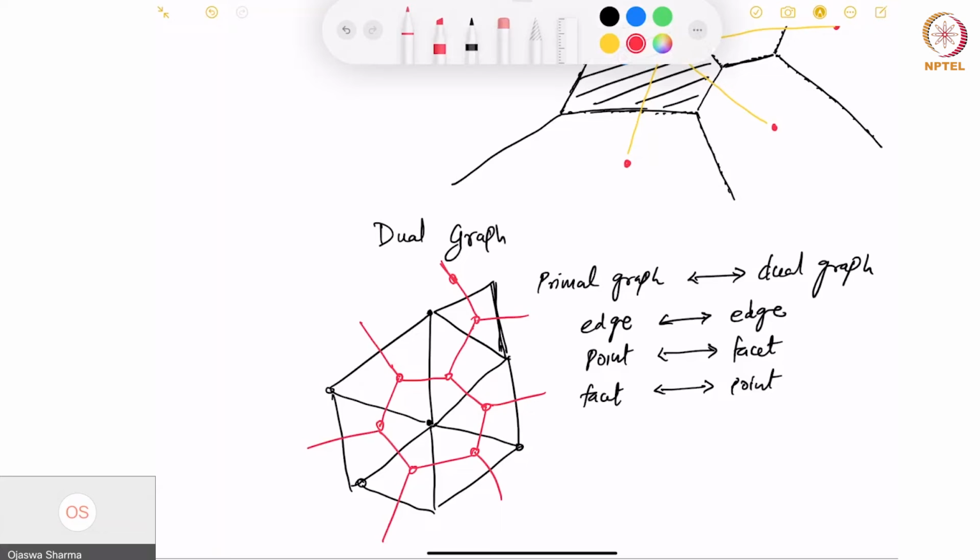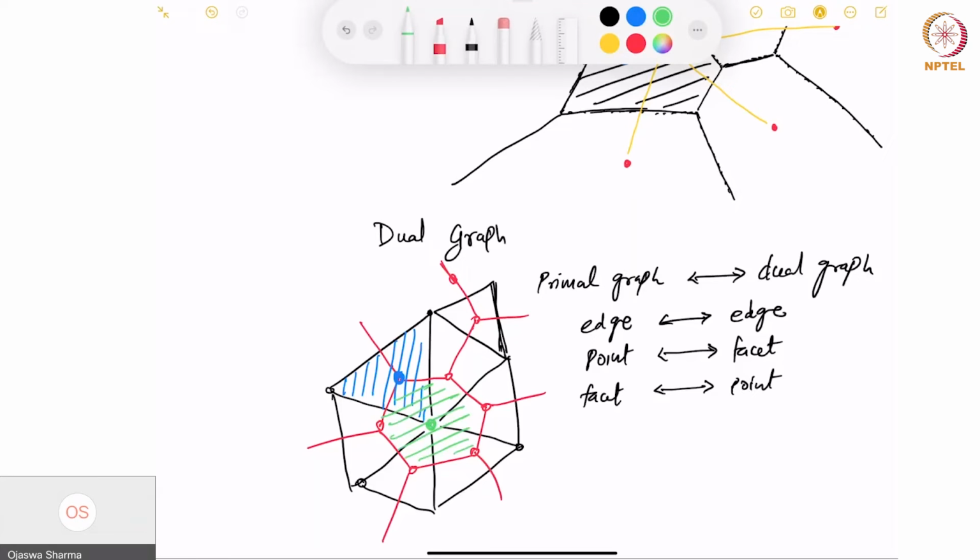So you would notice that every Delaunay edge has a corresponding dual Voronoi edge. Every facet, every triangle has a Voronoi vertex, and every triangle vertex has a corresponding Voronoi facet.